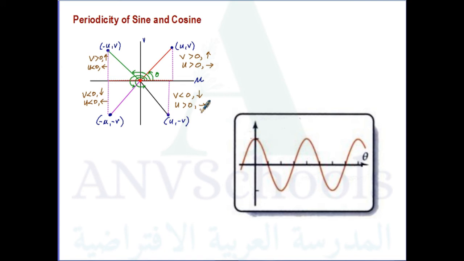Okay, so we could see that for our V, in terms of the direction, in here, the V is increasing. Also here, it's increasing. In here, it's decreasing. And here, it's decreasing.